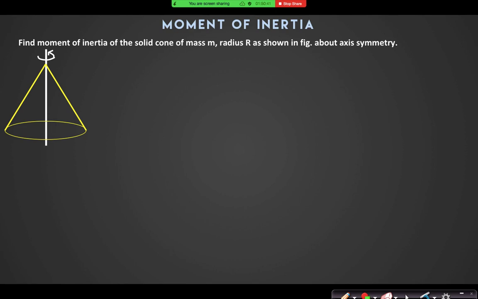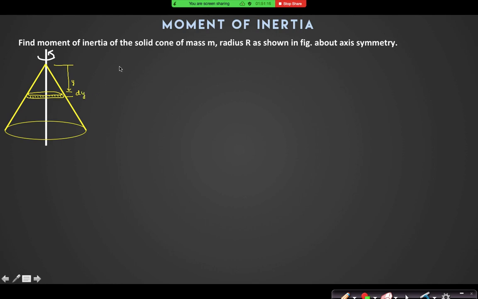Look, we can take a small disk like this. So 3 by 10 mr square. Good. Small disk like this. That disk lies at this distance y, the thickness of the disk being dy.